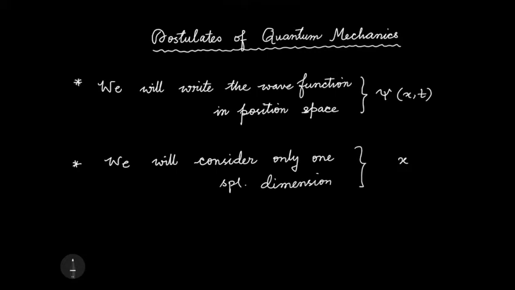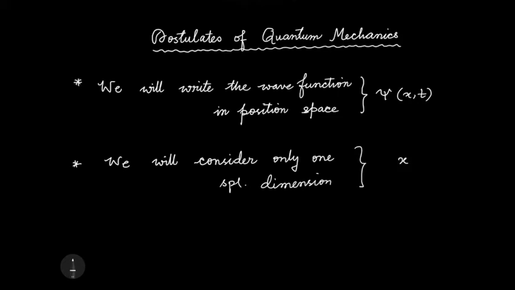The other thing I would like to remind you is that unlike the postulates of special theory of relativity, the postulates of quantum mechanics were not found by a single person. Like for the special theory, it was Einstein. These were developed over a long time frame, about 10 years.